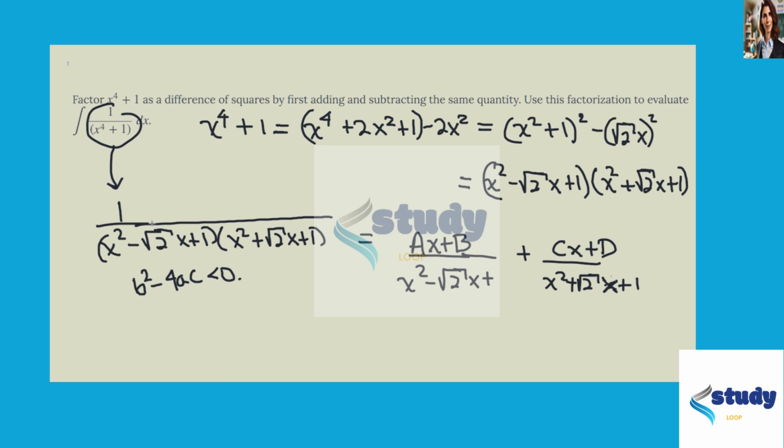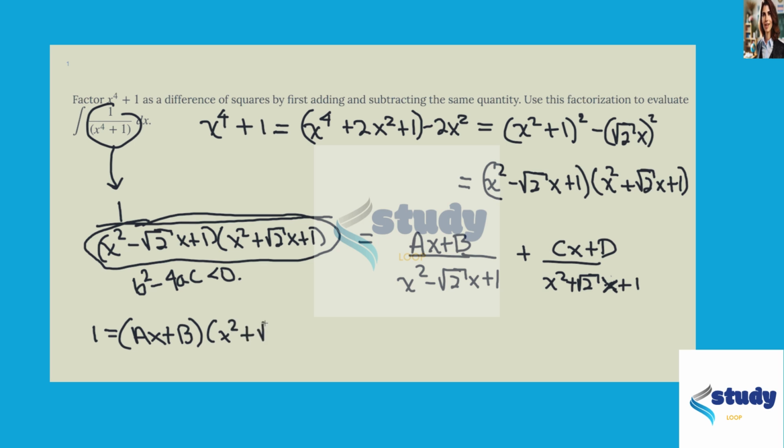Okay, now let's multiply both sides of this equation by the denominator on the left. So we get 1 on the left, ax plus b, and here I forgot to add a 1, sorry about that, times x squared plus root 2x plus 1. And similarly for the cx plus d, times x squared minus root 2x plus 1.